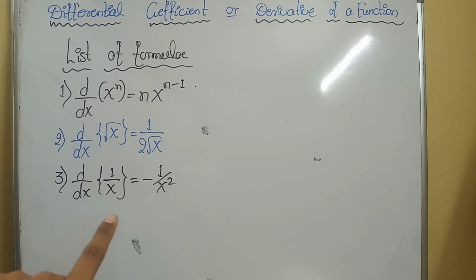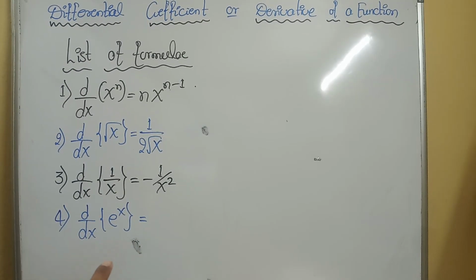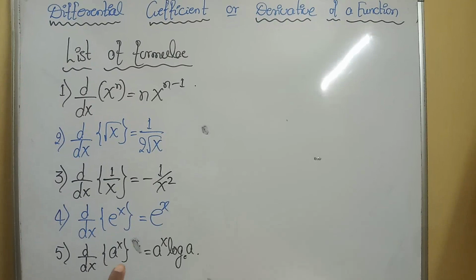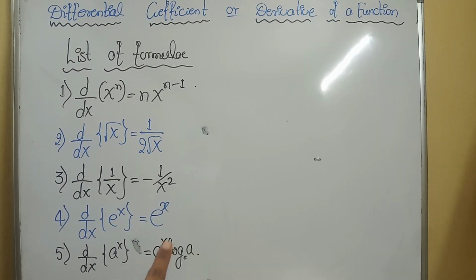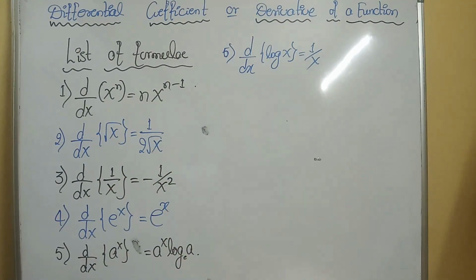Derivative of 1 by x is minus 1 by x square. Derivative of e raised to x is e raised to x. Derivative of a raised to x is a raised to x log a to the base e. Derivative of log x is 1 by x.